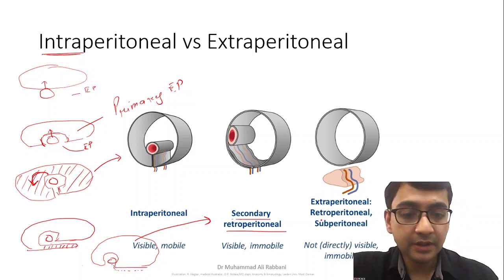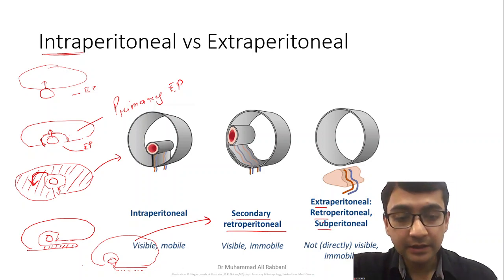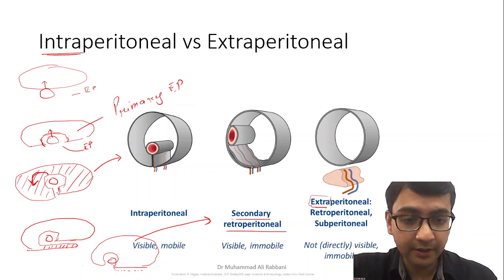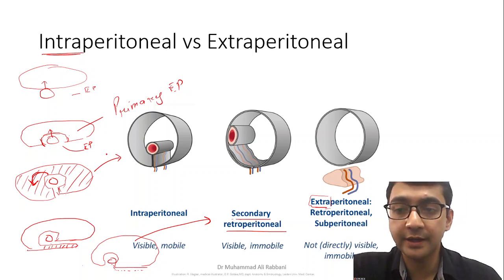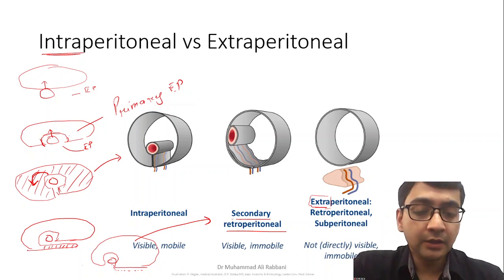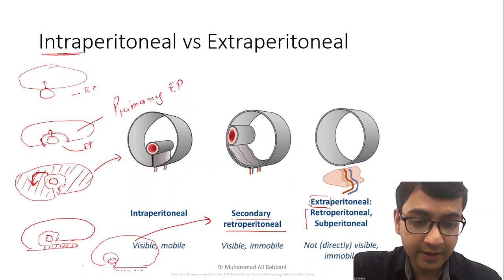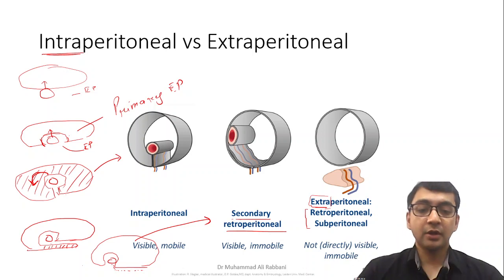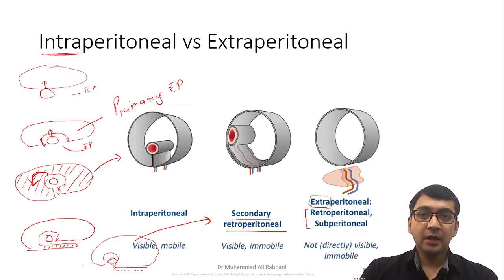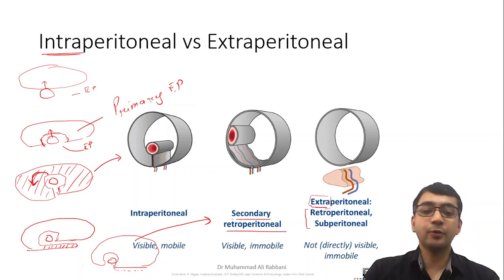Now there are differences between extraperitoneal, retroperitoneal and subperitoneal. This word extraperitoneal is an umbrella term, and this denotes all of the structures that are lying outside the peritoneum according to the criteria we just discussed. Now the terms retro and subperitoneal are relative terms depending upon the relation of the organ. For example, all of the organs that are in the posterior wall of the abdomen, like kidneys, pancreas, that are behind the layer of peritoneum, are retroperitoneal.